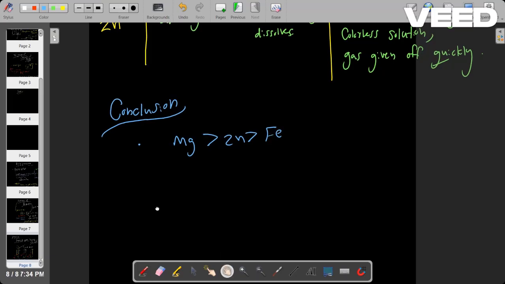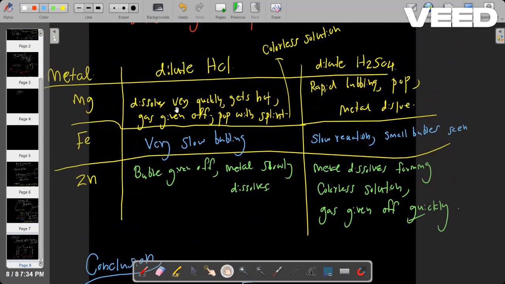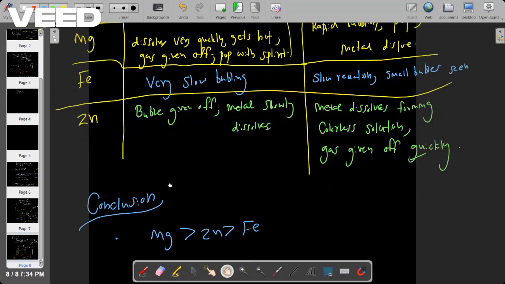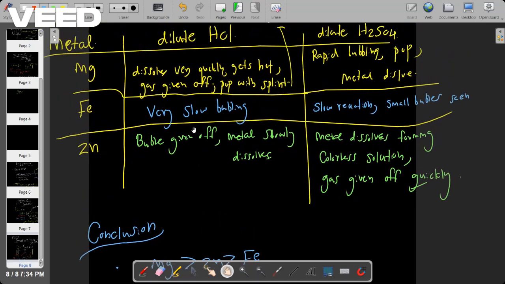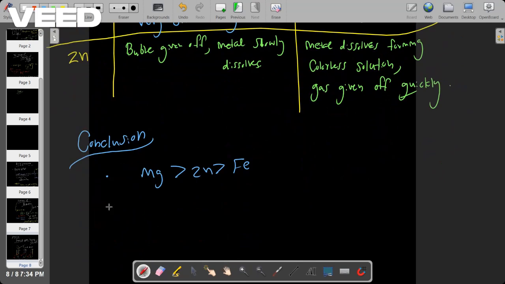So you can decide this by looking at these qualitative results: magnesium fastest, then zinc, and at last iron. With these observations, we can conclude that.